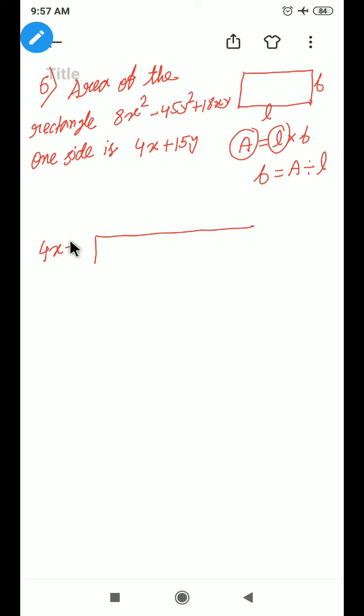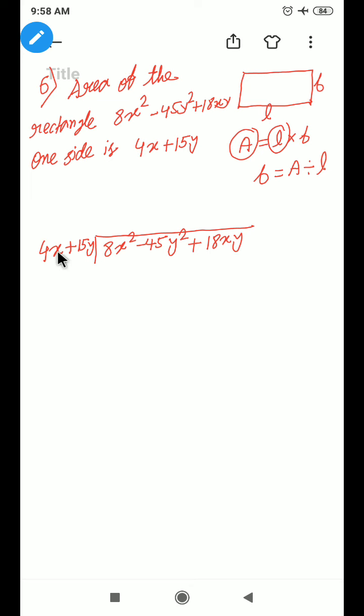4x plus 15y, and here it is 8x square minus 45y square plus 18xy.